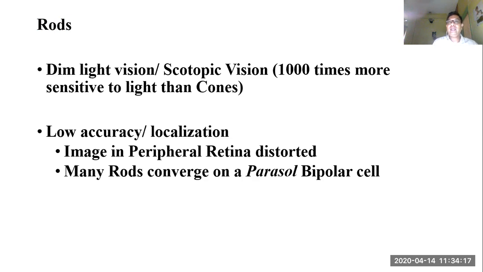So the area from which light is collected is large. But because it's so large an area, the localization or the specificity of where a photon struck is very poor. So you have low accuracy but very high sensitivity to light from rods.